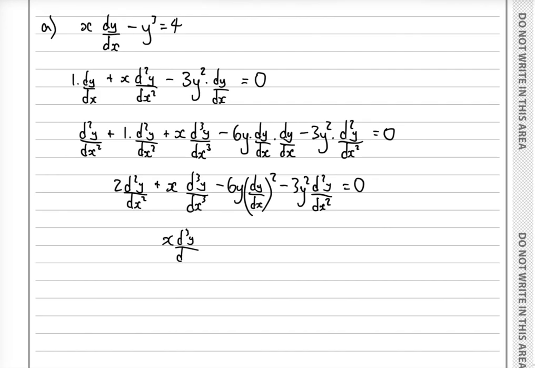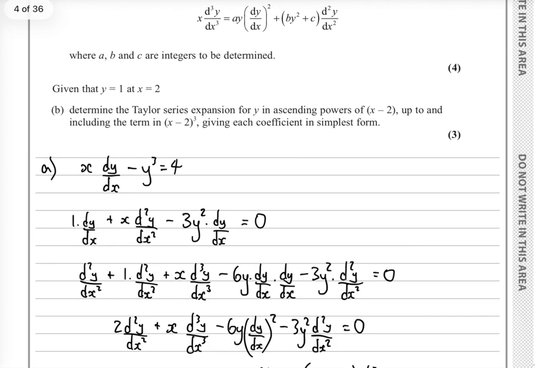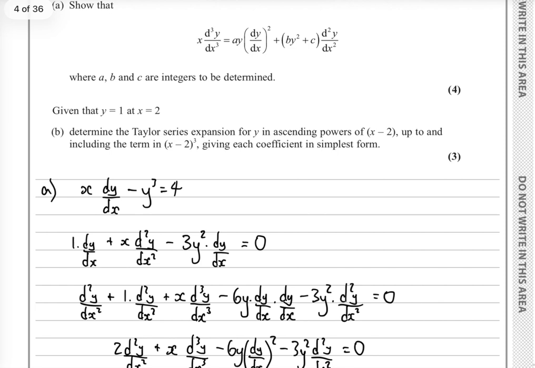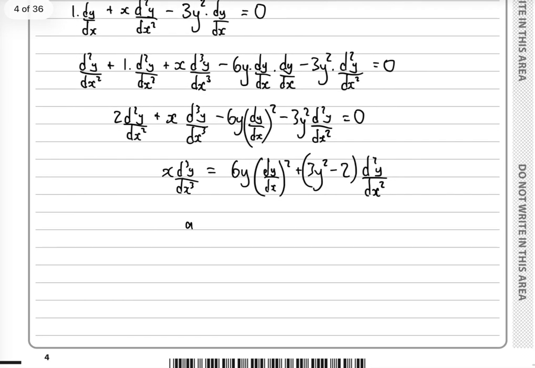Third derivative here, and we're going to have 6y times dy by dx all squared plus 3y squared minus 2 lots of the second derivative if I factorize that as well as bring it over. Is that right? Yes. So a is 6, b is 3, and c is minus 2.